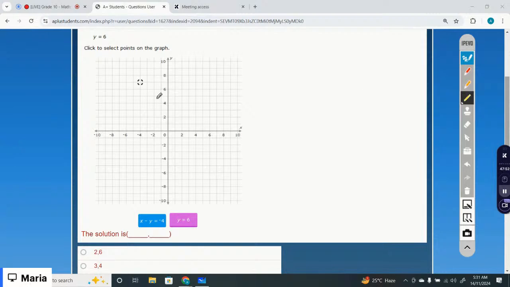Hold on. Y equals 6. And the points for the other equation are x is 0, y is 4.